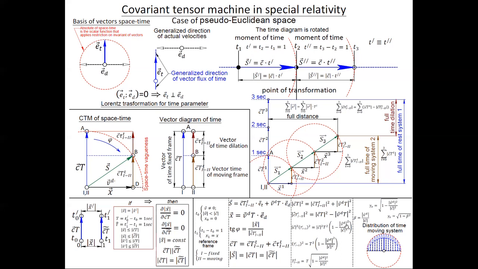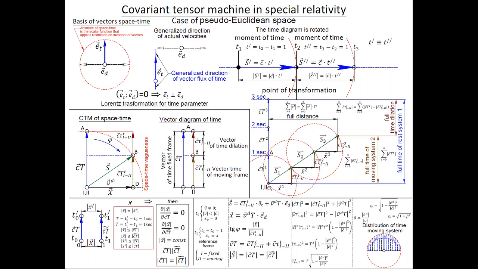Now I can see the twin paradox visually and have the opportunity to explain this event more simply. Here are the same action reference frames. One is a rest system or rest observer.